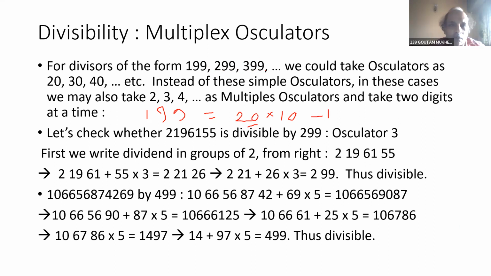So their oscillators could have been 20, 30, 40, etc. So now, instead of this simple oscillator, in these cases we may also take 2, 3, 4 as multiplex oscillator.